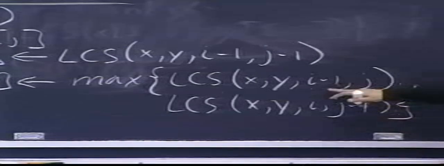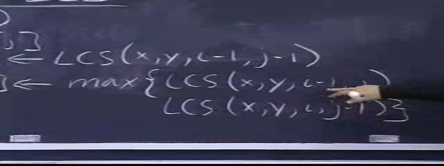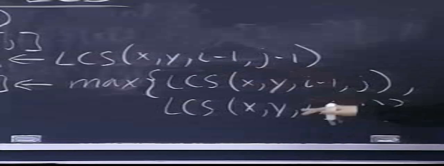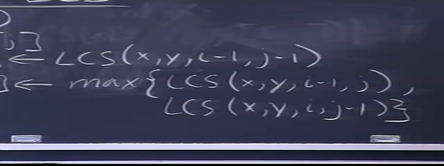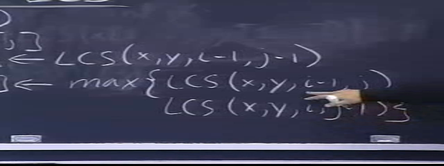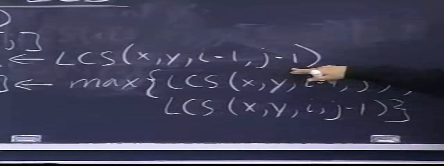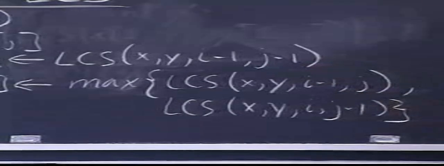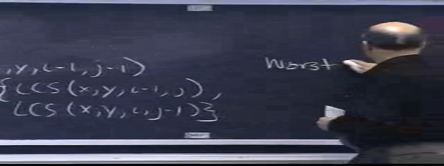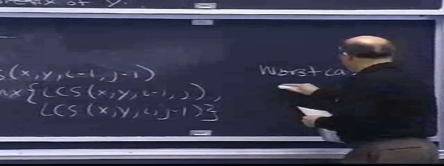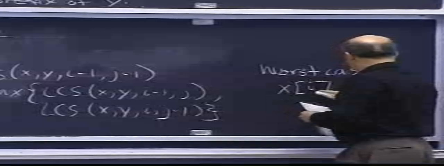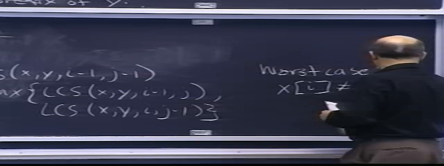Each subproblem is bigger. The sum of the two arguments here, which is a good measure because those are both going down to 0, are each larger than this one. The worst case of this code is when X of i is not equal to Y of j.